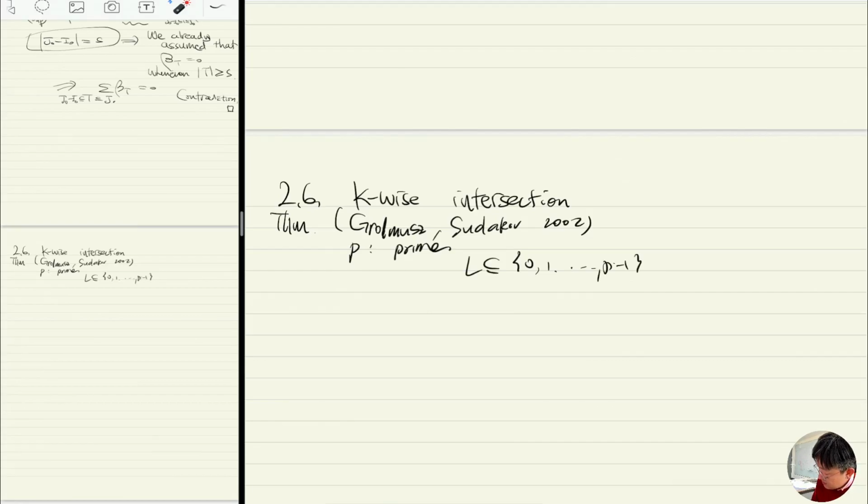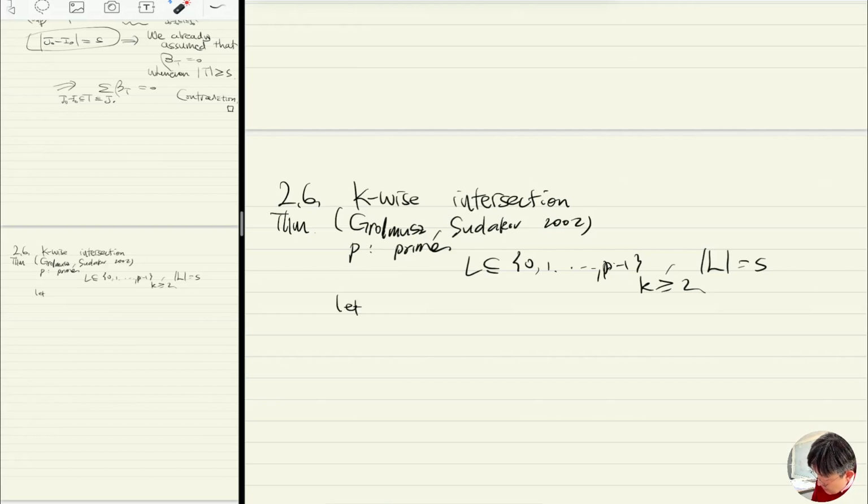Again, p is a prime and L is a subset of numbers from 1 up to p minus 1. We first talk about the modular version, and k is 2. So we're going to have an intersection of k members.